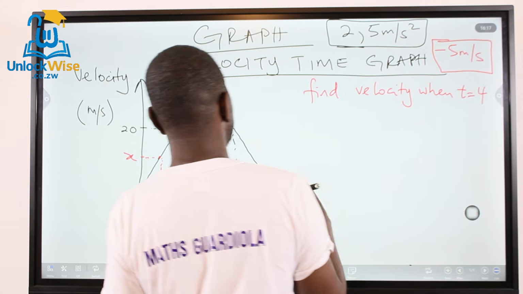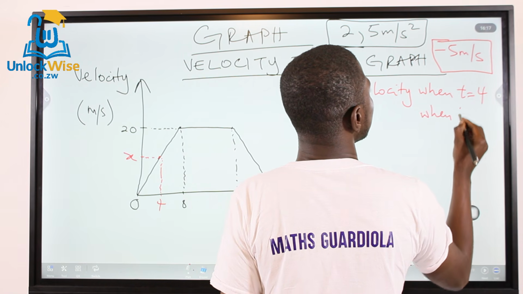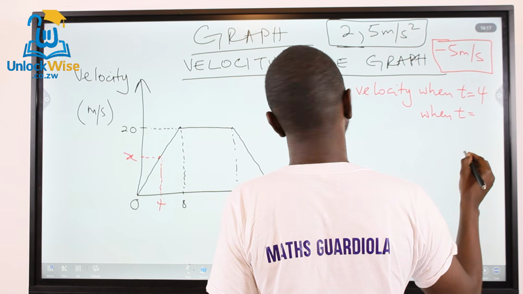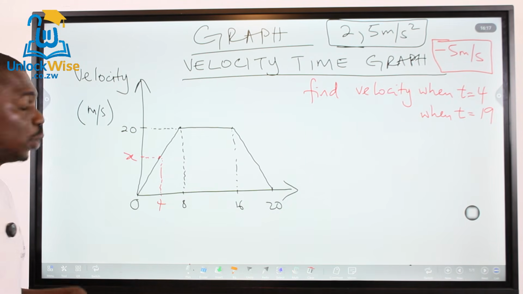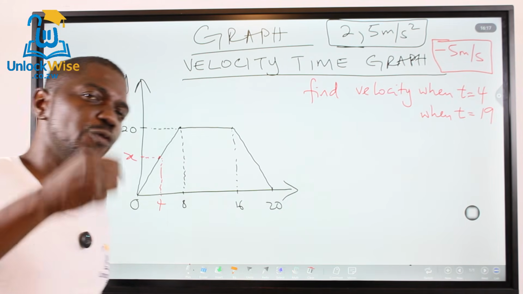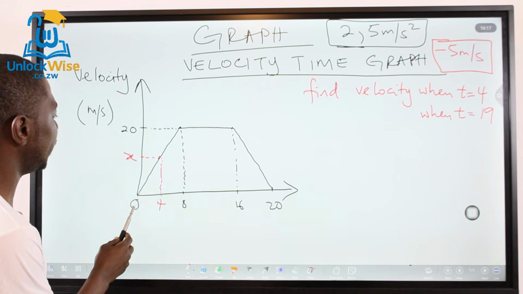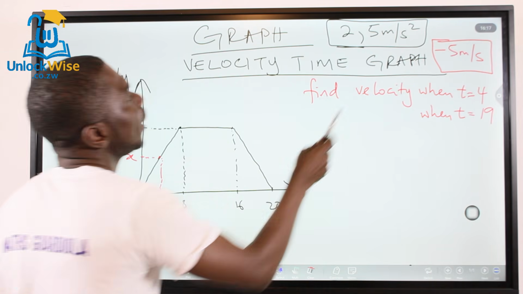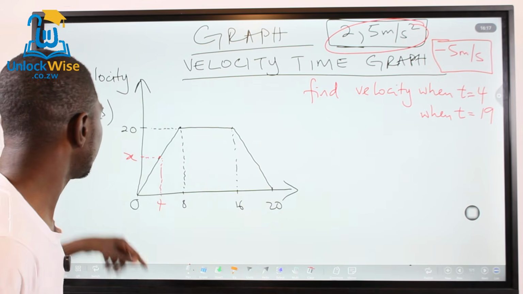And maybe when t is equals to 19 as well, we just play around with this. Okay, so you first have to calculate the acceleration. So because we calculated the acceleration before, I will concentrate on explaining what is going to happen.